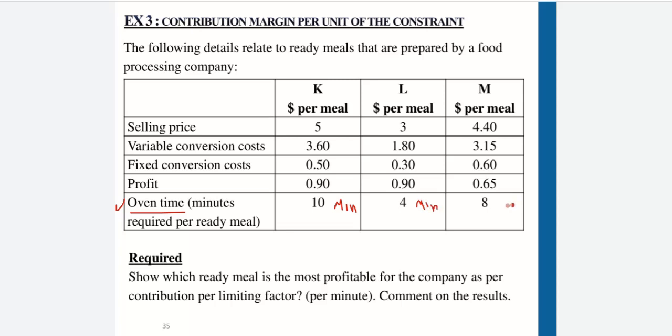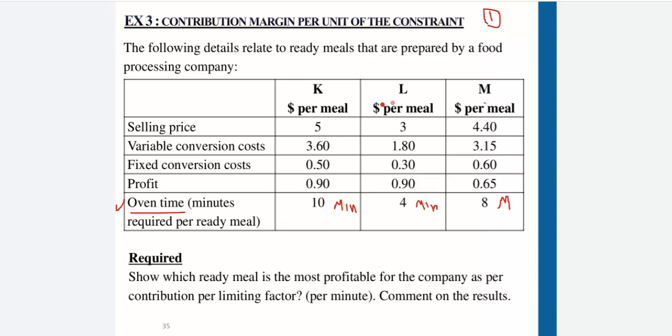The last meal takes 8 minutes inside the oven. So now, what is your limiting factor? Minutes. So you need to search, in 1 minute, which meal is more profitable.